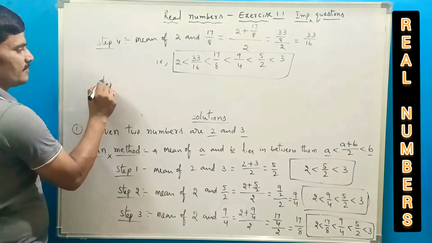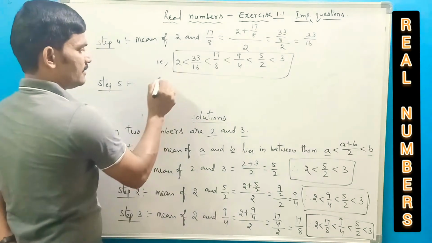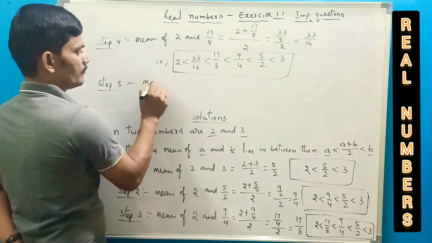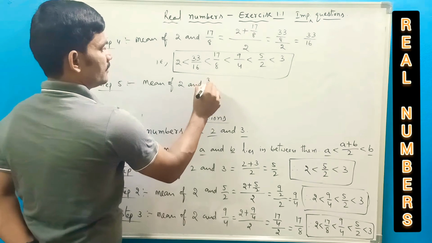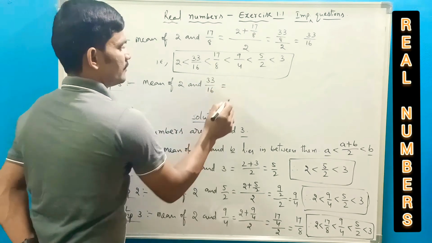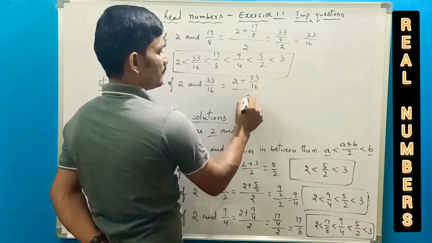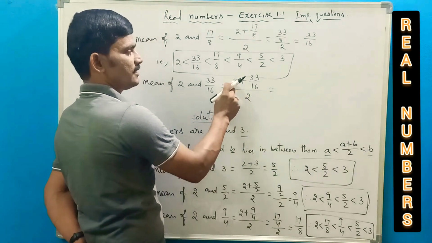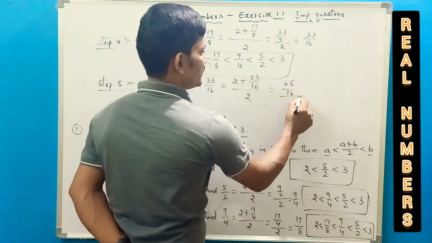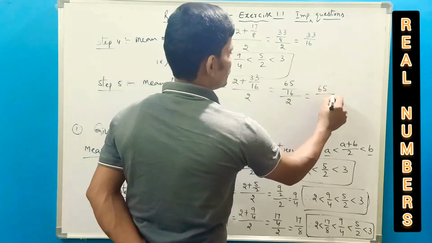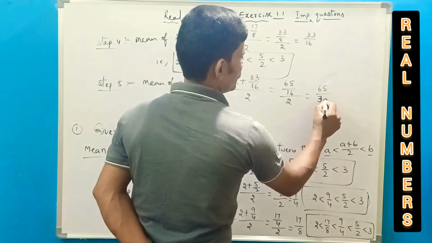Continue the same procedure for the step 5. That is, take the mean of these two numbers, 2 and 33 by 16. What it will result, let us see. Sum of the numbers by 2, 16 twos are 32 plus 33, 65 by 16 by 2, it becomes 65 by 32.